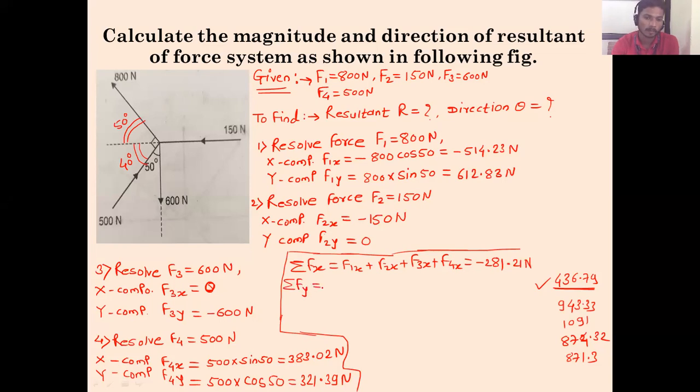Summation Fy: F1y, F2y, F3y, F4y. Tell me. 333.39. Is it the case?